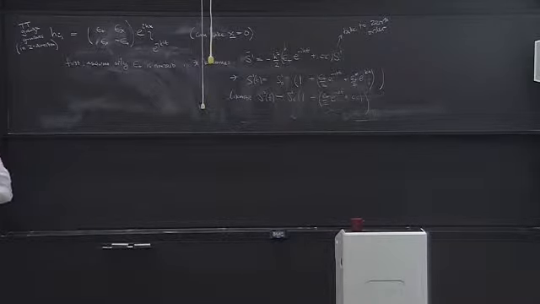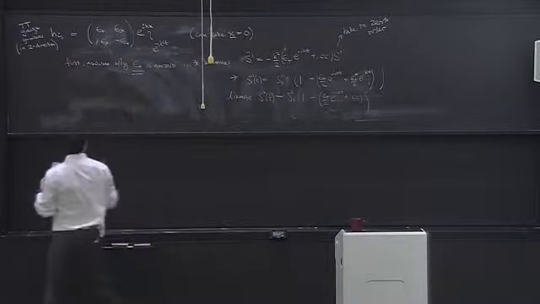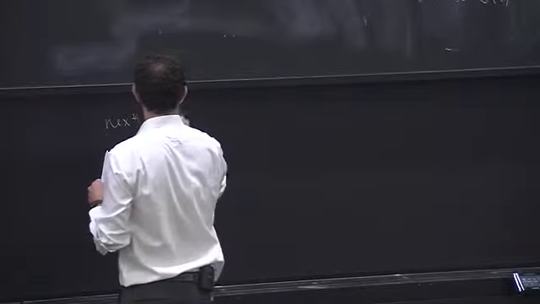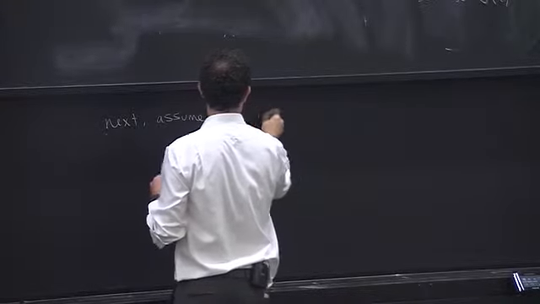Okay, so that's epsilon plus non-zero. So let's next assume epsilon cross is non-zero.